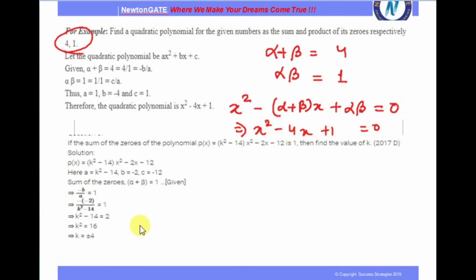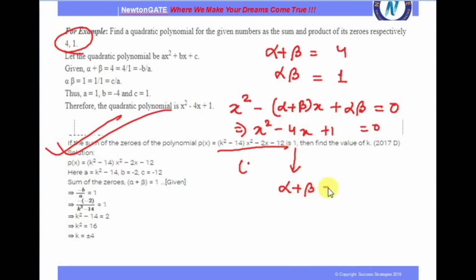Moving on, this is a very important example. Here I have taken (k square minus 14)x square minus 2x minus 12 as the polynomial, and we are told that the sum of the zeros, that is alpha plus beta, is 1. We have to find the product and also the value of k.